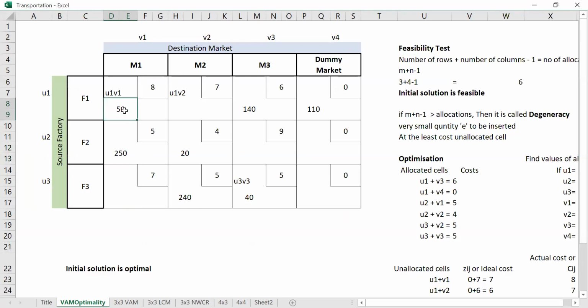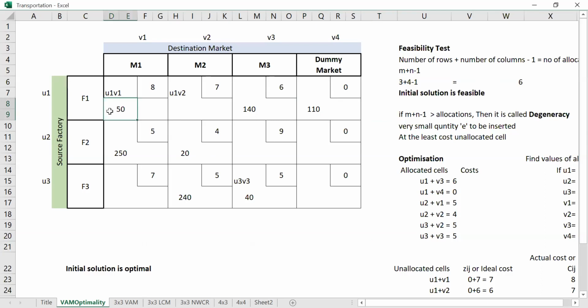Also, this 50 adding here would mean I need to reduce it here or here, because what I'm doing is I'm trying to balance and keep the demand and supply intact. The total demand and total supply should always remain the same, at the row level and column level. Those are fixed.